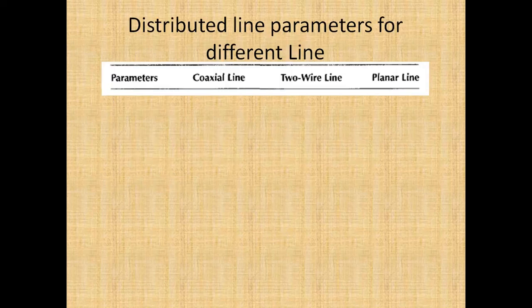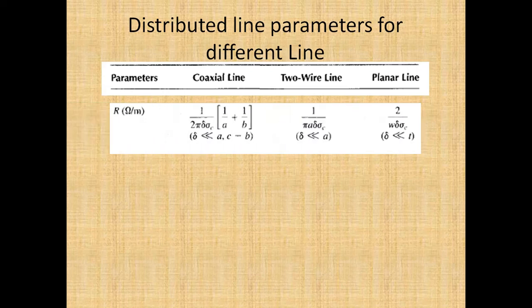Now the parameters calculated for the different lines, that is the coaxial line, two wire line and planar line, are as follows. For R, it is given for the coaxial cable in terms of radii a and b.